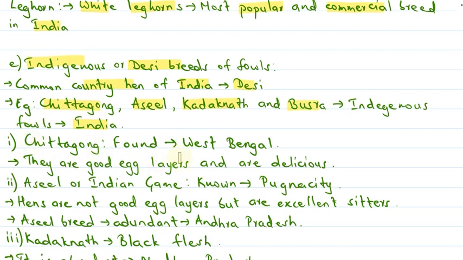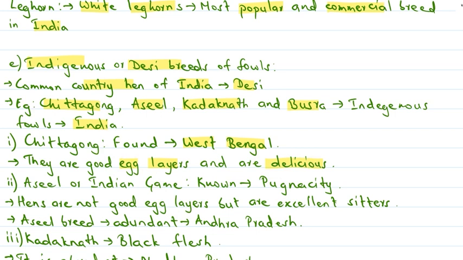So Chittagong is mainly found in West Bengal. So the plumage color varies, but the popular shade is golden or light yellow. They have a beak that is long and yellow in color, and the earlobes and wattles are small and red in color, and they are good egg layers and are delicious.